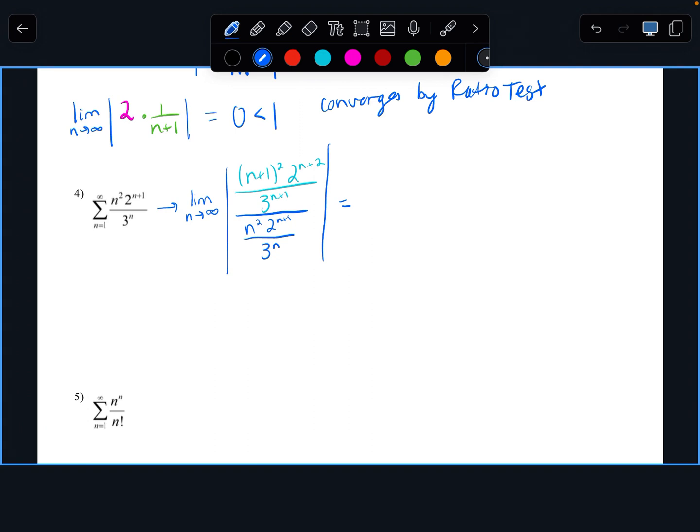So then you're going to multiply by the reciprocal, which you do every single time, but you have to show that you're doing a ratio. So you have to suck it up. Okay, so we get n plus 1 squared times 2 to the n plus 2, over 3 to the n plus 1, times 3 to the n over n squared.